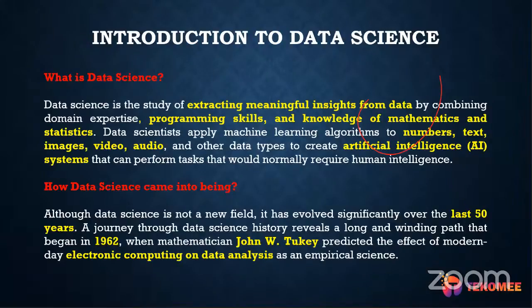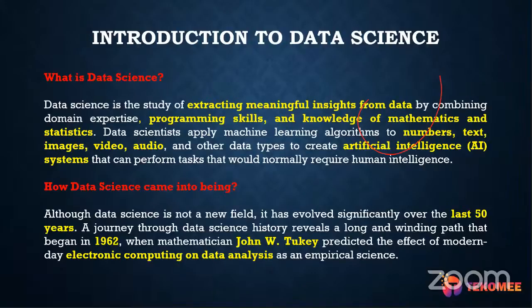This is interesting, and it is also one of the hottest fields considered right now in the 21st century. So how did data science actually come into being? Data science came into being over the last 50 years.